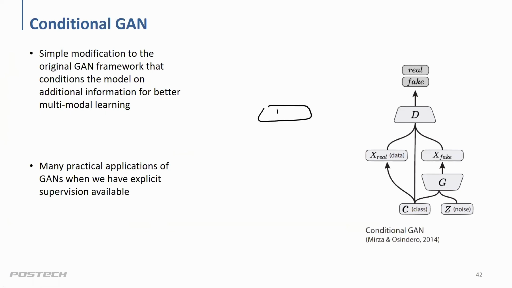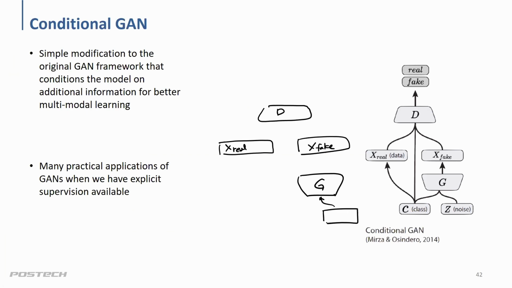Say this is the discriminator, X real, X fake, and we have the generator and Z noise. This is the GAN, and this will be the CGAN.